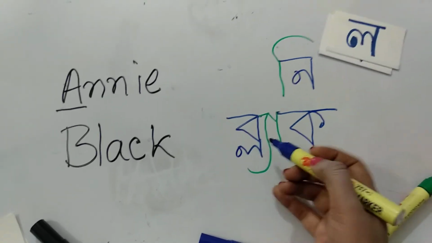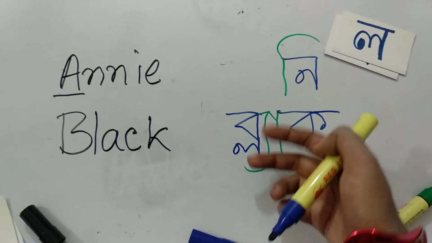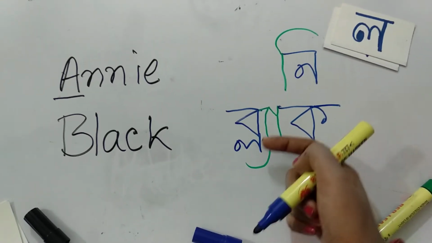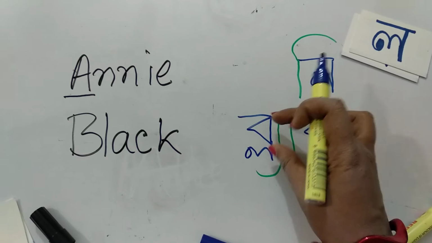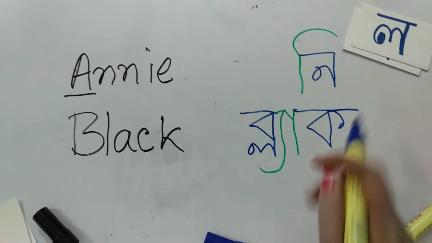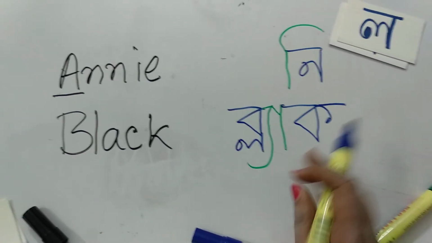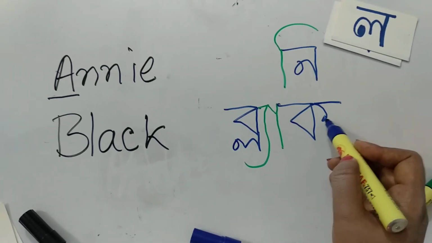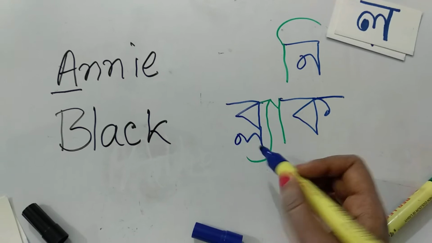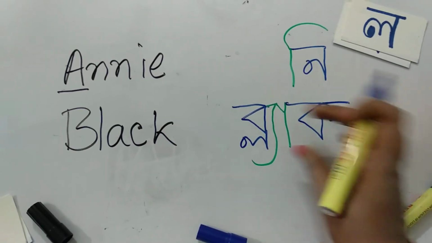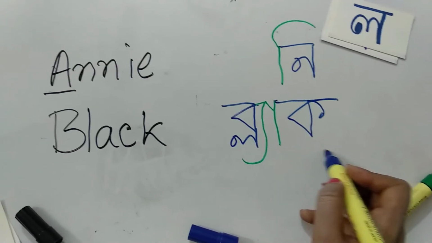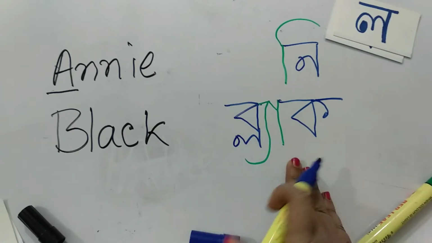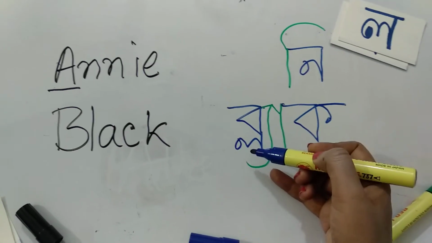Okay, so when you make a cluster with two consonants, you need to make both of the letters shorter so that it looks like the same size. So see, ko is a single letter, bo and law are joined together, and it should be of the same size so that it looks beautiful. Okay, so this is a consonant cluster.